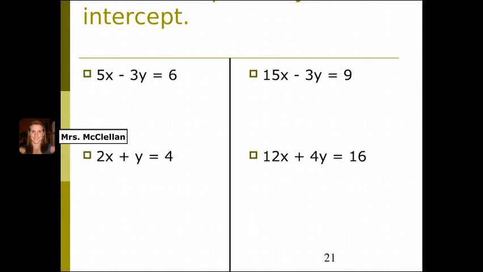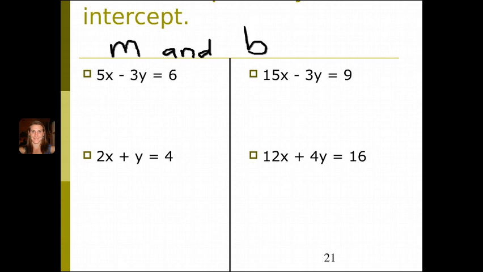Okay, so on these questions, we want to find slope, which is m, and y-intercept, which is b. The easiest place to do this is to solve the equations for y equals mx plus b.